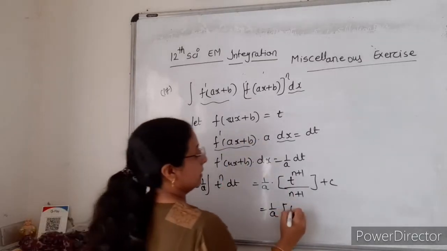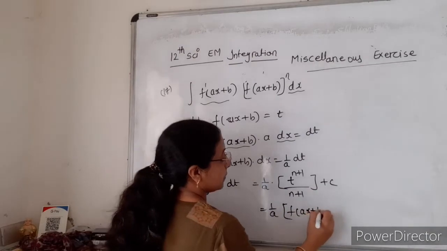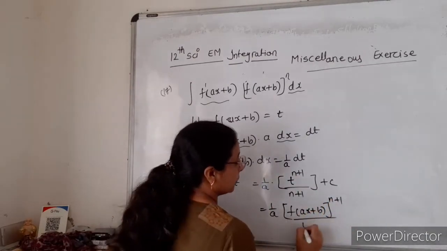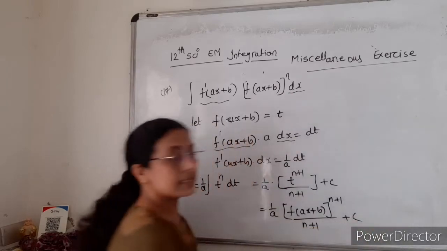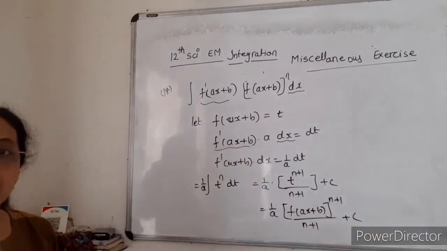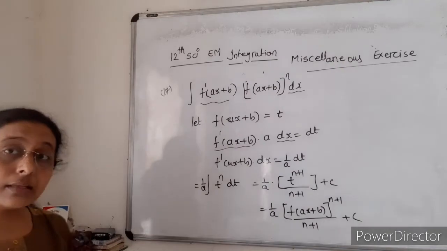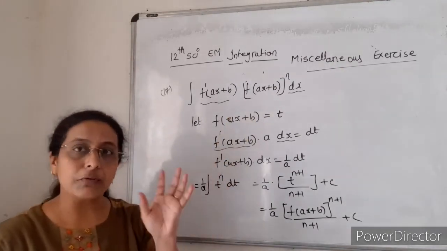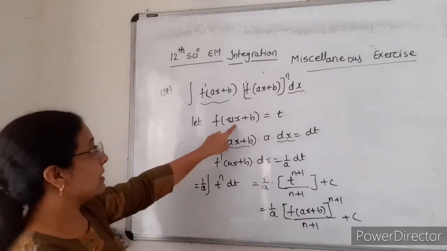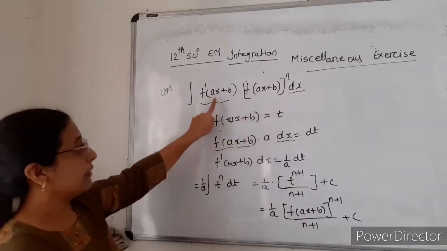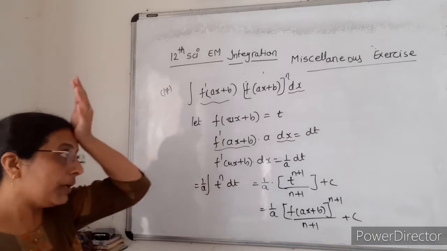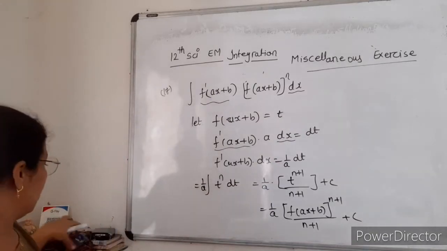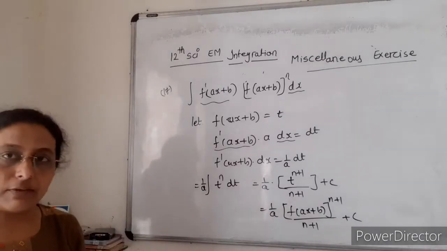What is t? It is f of ax plus b, so the answer is 1 upon a into f of ax plus b raised to the power n plus 1 upon n plus 1 plus c. You understand this? This is the answer. Here the same method is there, just the function is given in the form of f. You just write this equal to t, so f dash x dx is equal to 1 upon a dt. That's it. Nothing else, right? Yes. So this is our question number 17.